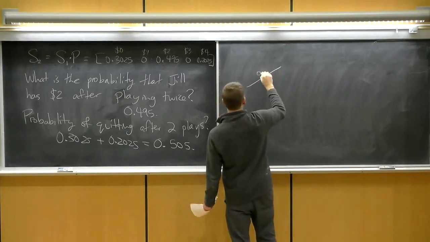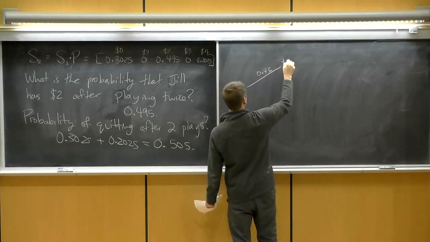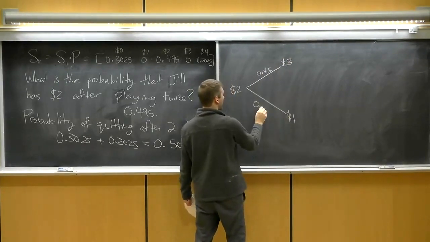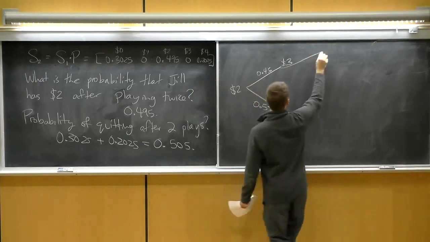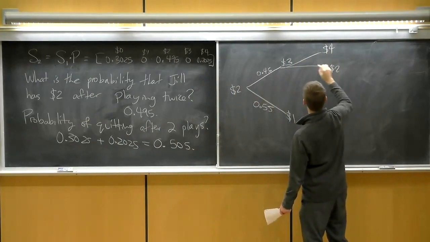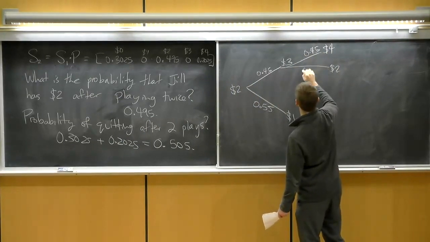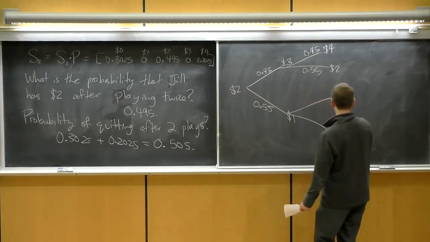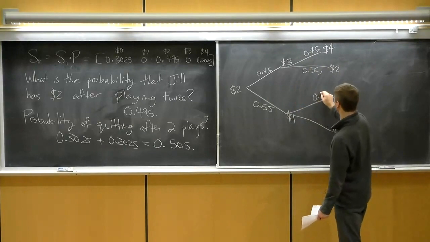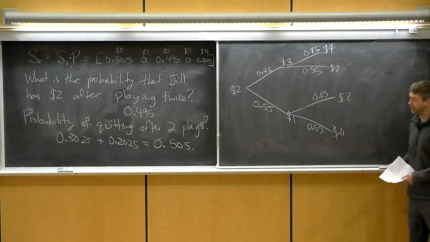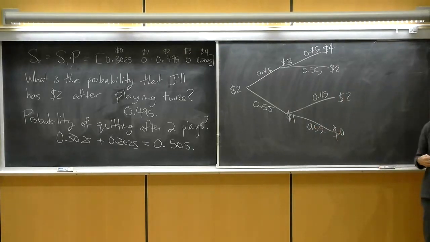She goes to $3 with probability 0.45. This is totally stuff we could already do. If we wanted to understand what happens after 2 steps, 2 plays, this tells you everything.